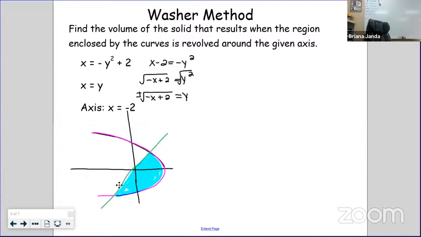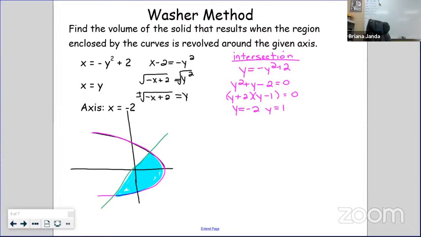So if we look at how these intersect, let's see, we can do some substitution. And our 2 points of intersection are going to be at y equals -2 and y equals 1.